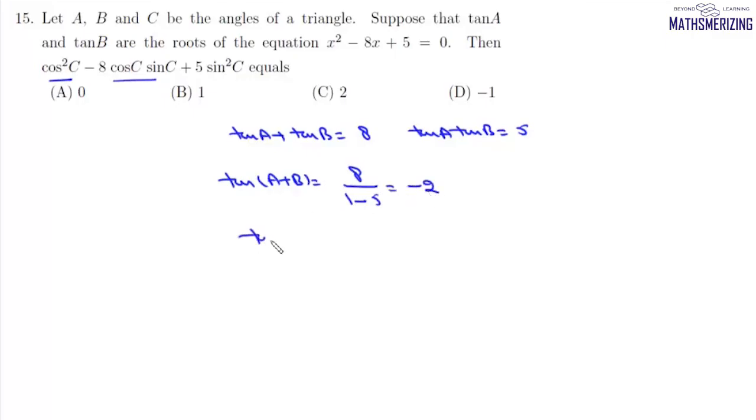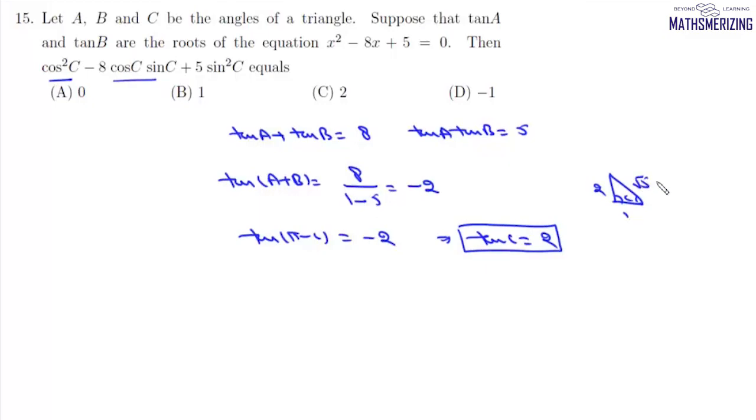Now tan(A plus B) is nothing but tan(pi minus C), and tan(pi minus C) is minus 2. Now tan(pi minus theta) is minus tan theta. So from here we can write the value of tan C is 2. Now we consider a right angle triangle. Then this is 2, this is 1, and this value is under root 5.